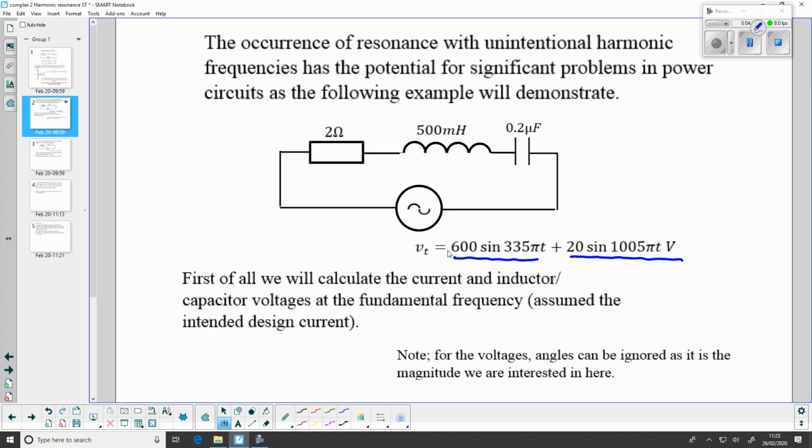We'll show what happens when we get resonance with this third harmonic, as compared to the intentional design of being supplied with 600 sin(335 pi t), the fundamental.